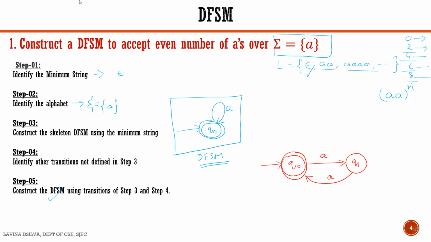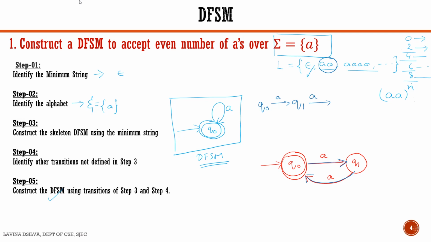So if we were to see this example, we see one A and then we see the second A. If we were to construct the traversal, we were in state Q0, we saw A, came to state Q1.